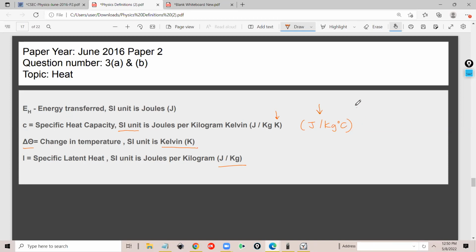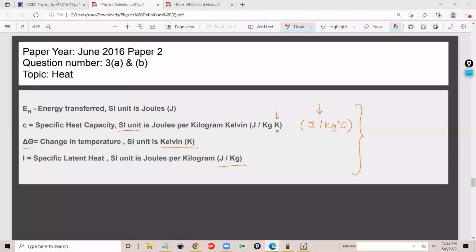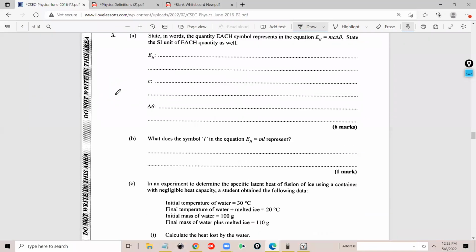So if you need to take down my definitions here, I'll give you a minute, right? I suspect everybody's going to have something really similar, but you might have the SI unit wrong. All right, so I think I answered the other one here, part B already.